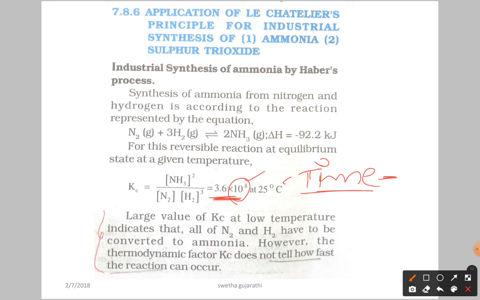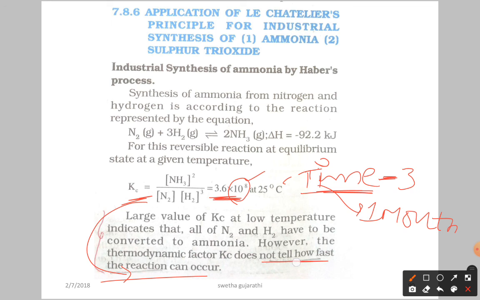For example, if I need the product within 3 days and you take 1 month, I don't want that. Along with the product, time is also important. So this K value does not tell the time. Rate of reaction means how fast the reaction is going, and the K value is not going to tell that.